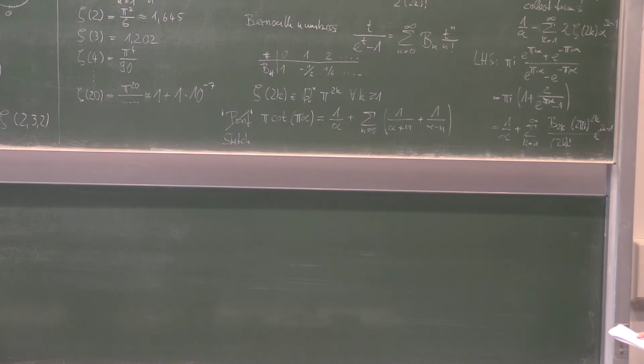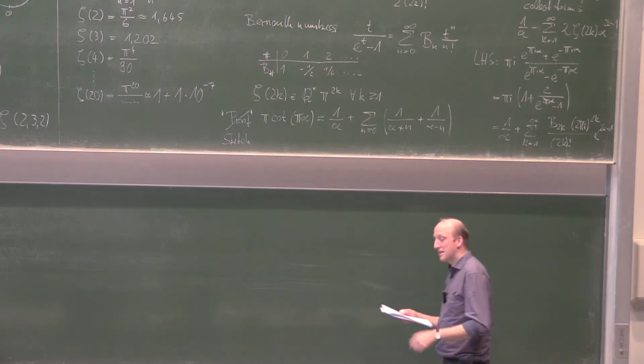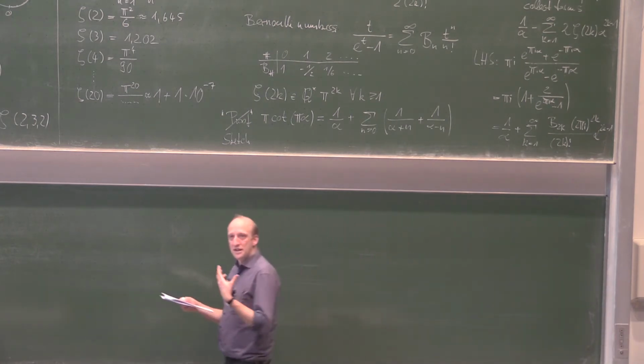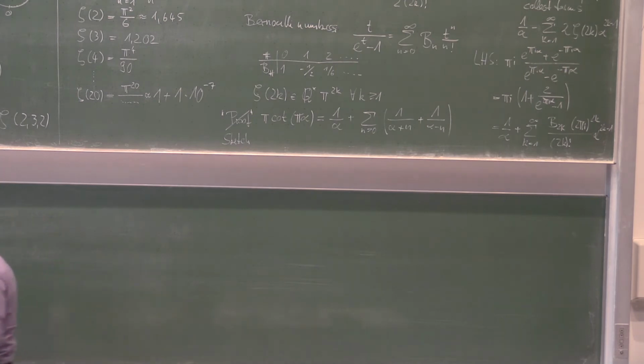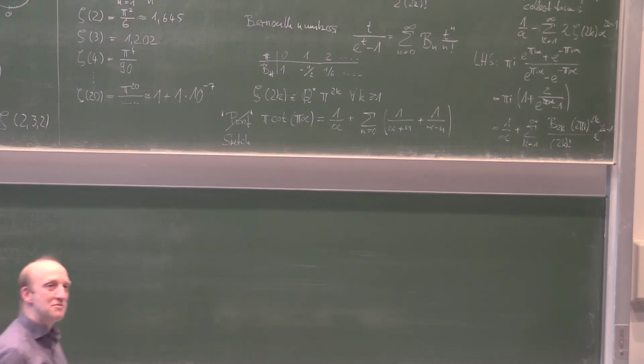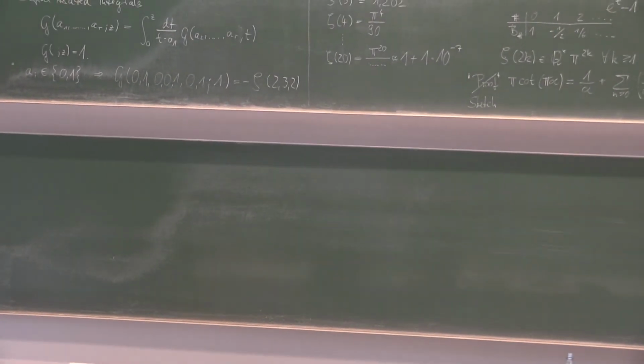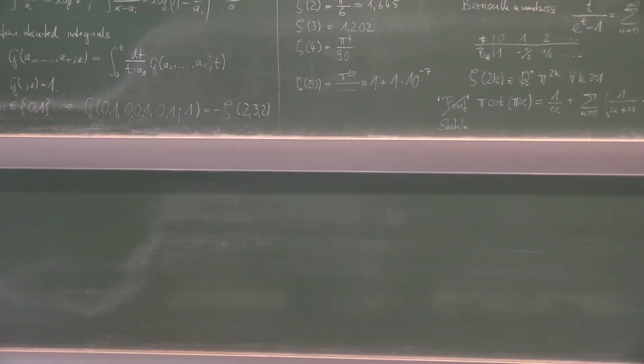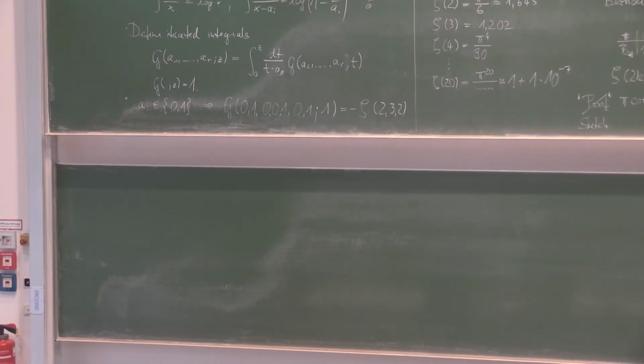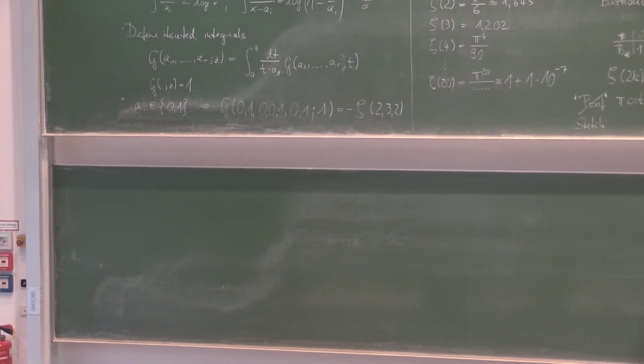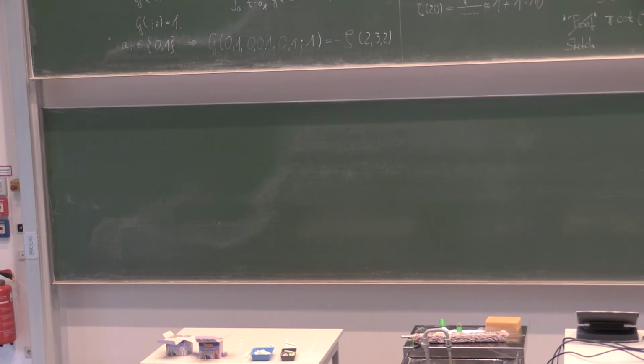So one does know, or one would like to know, that pi and zeta(3) and zeta(5) are algebraically independent, but the only thing one can really prove is that zeta(3) is irrational. That's a proof from Apéry from 1977. And then there are such nice statements that, for example, there's an infinite number of odd irrational zeta values.